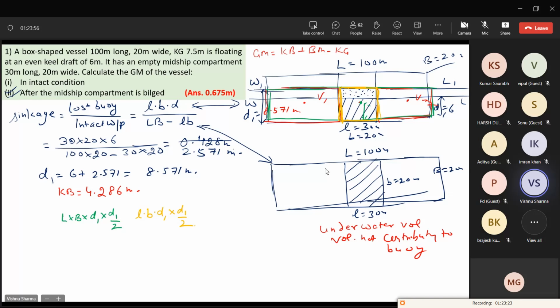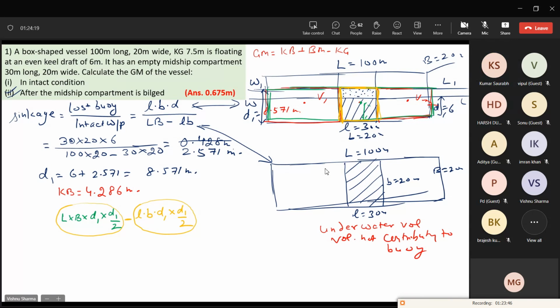So from this vertical moment of the full underwater volume, if I remove this, which is not contributing to buoyancy, if I subtract, what will I be left with? Will I be left with vertical moment of volume of buoyancy? Yes or no?